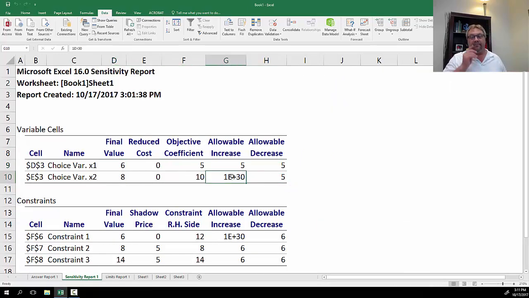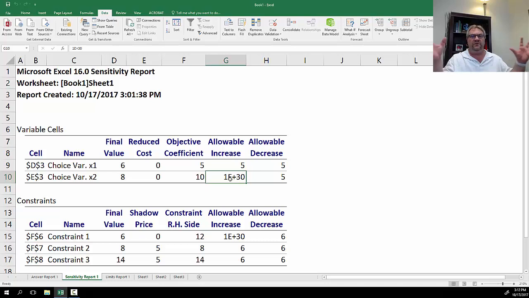Now notice here, for choice variable 2, what this is telling me is that I can increase the profit on choice variable 2 to infinity. Just so you guys know, 1e+30 is scientific notation in Excel, and you would read this as 1 times 10 to the 30th power, so 1 with 30 zeros after it.